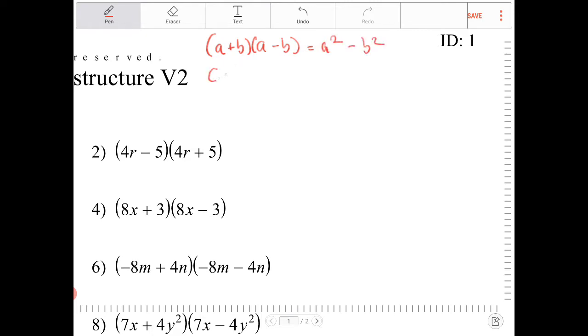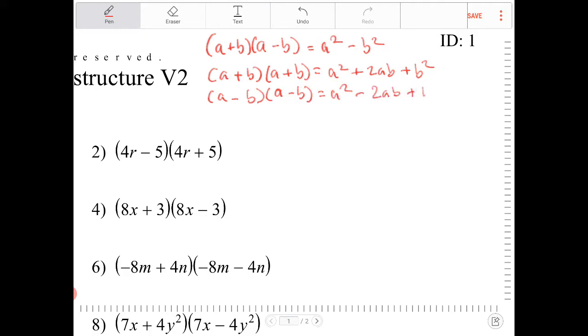If I have (a plus b) times (a plus b), this is a perfect square, and this is a squared plus 2ab plus b squared. And the last case was (a minus b) times (a minus b), and I end up with a squared minus 2ab plus b squared.